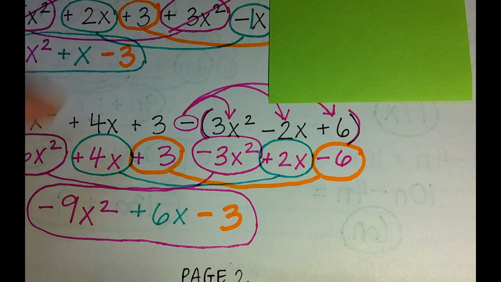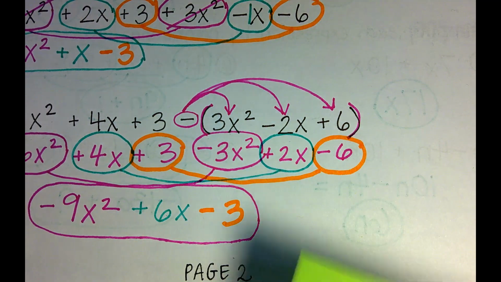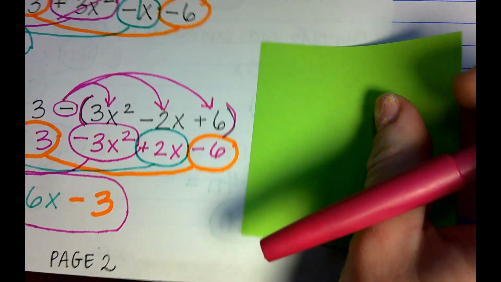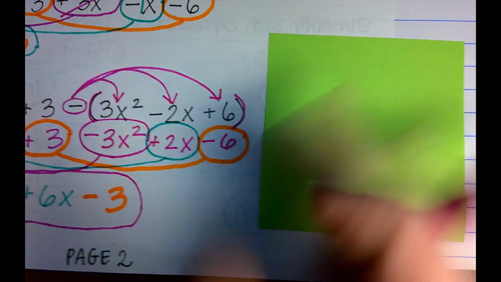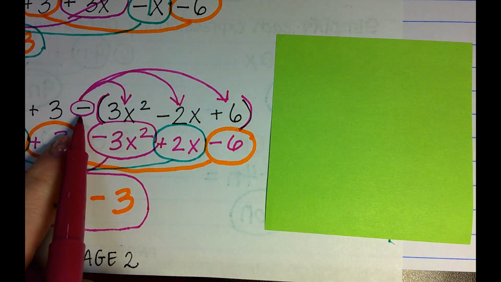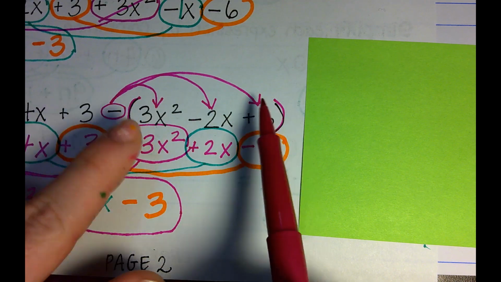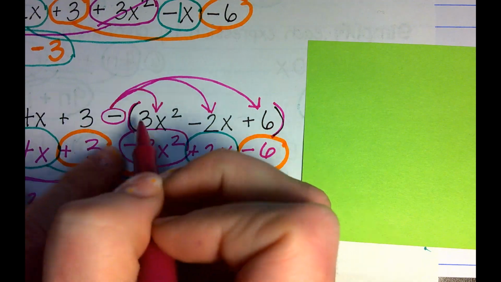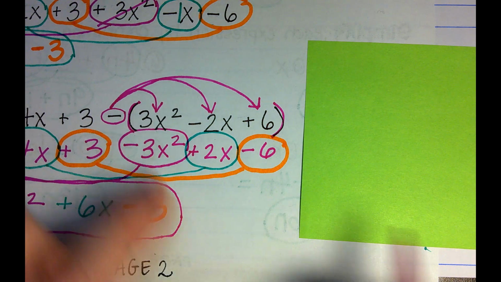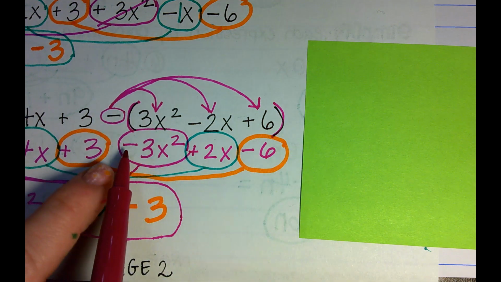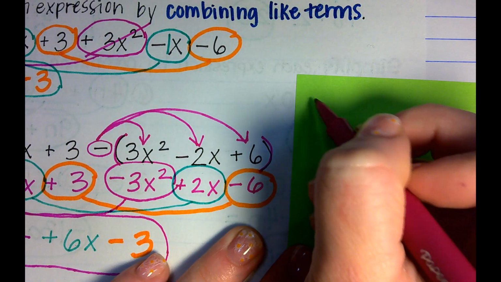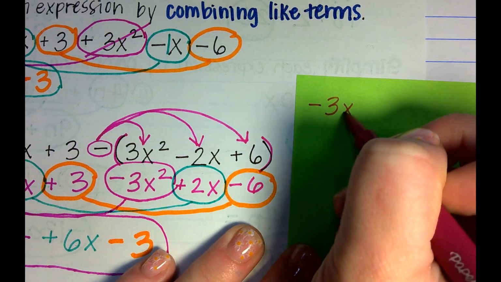Let me try this. So we are also subtracting. I'm doing minus everything in the parentheses, right? So even though we have positive 3x squared, I'm really subtracting. I'm doing minus 3x squared.